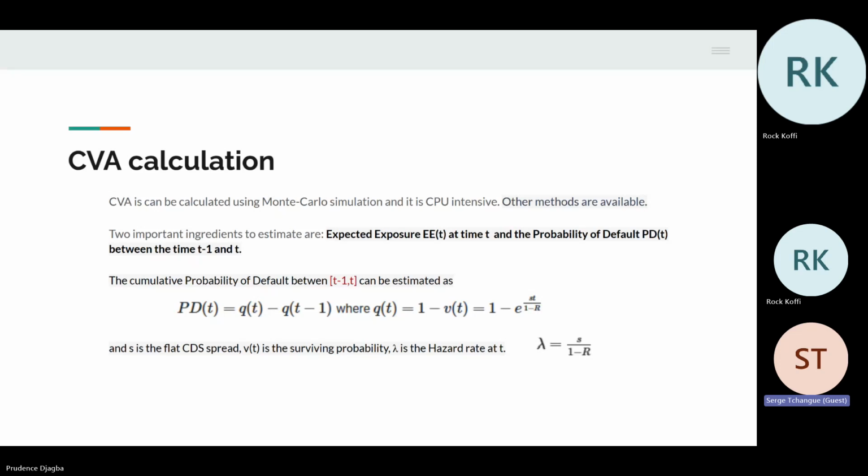Like the example I took before, if a company is financing itself through bonds, as an investor, a bank, a fund, a mutual fund or a pension fund, you buy those bonds. But if you bought a lot of them, like 1 billion, you might say, I need to protect myself against this company, because if they just go bust and the bonds are worth only 40% of the value, I need to recover some of my losses.